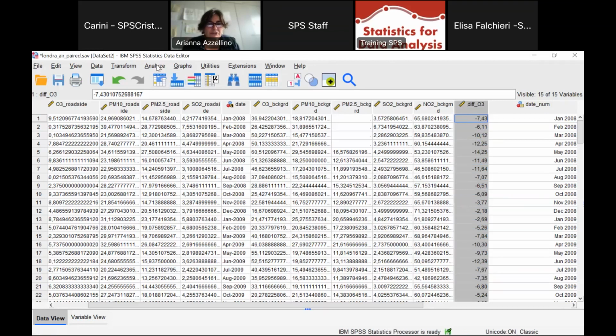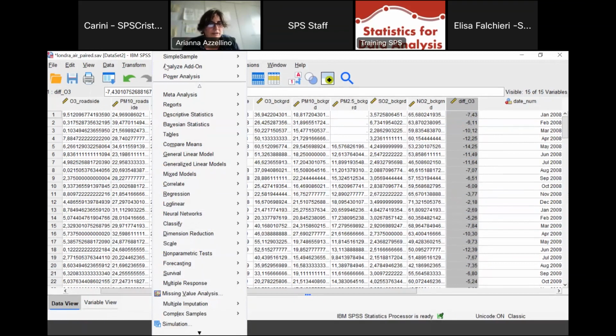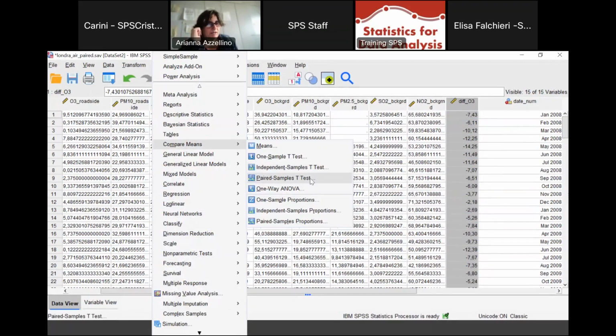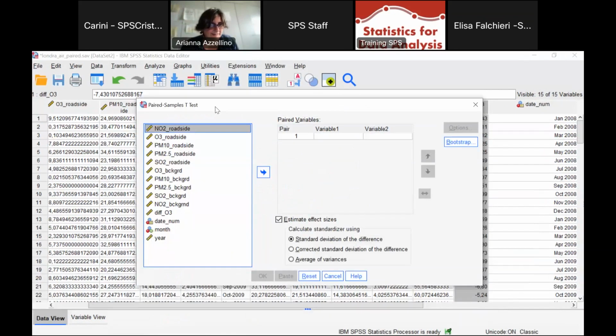This is because I want to test the hypothesis of these two being equal or not. So to do that, I will select under the compare means menu, again, parametric. Compare means is always parametric because mean itself is a parametric statistic.